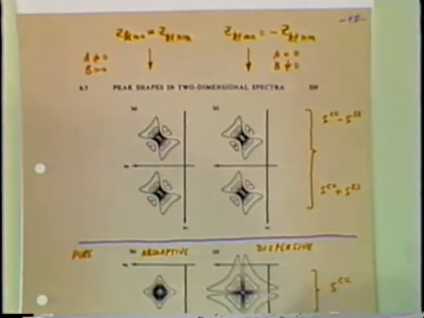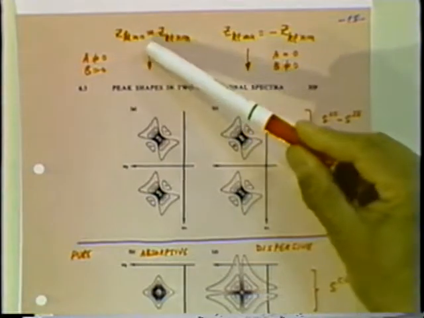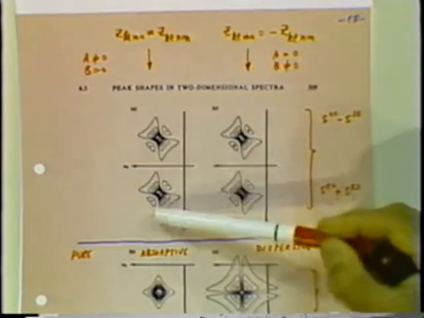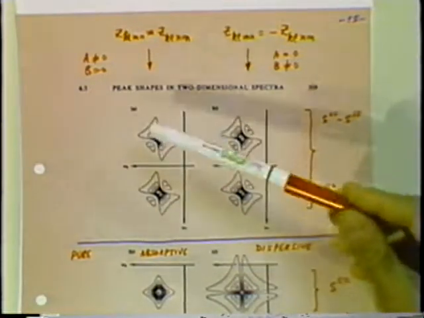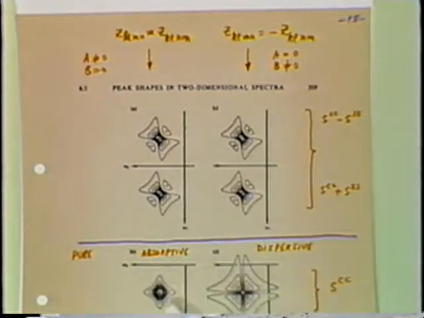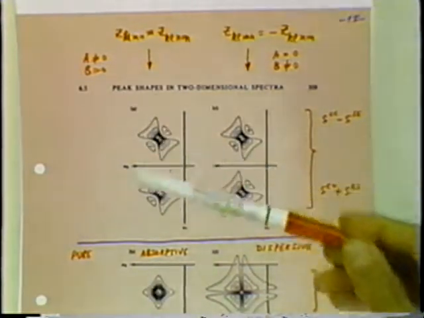Now, this is summarizing pictorially what I said before. If you have a situation that Z_KL,MN is equal to Z_KL,NM, then you have exactly identical signal in both the domains. A is not equal to 0, B is equal to 0, and if you do a cosine transform of that, you will get a pure absorptive, because you are overlapping this with this.